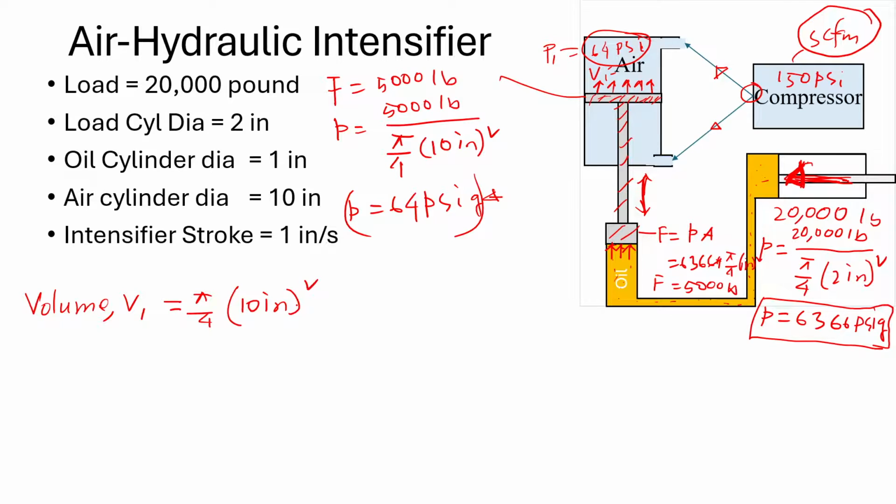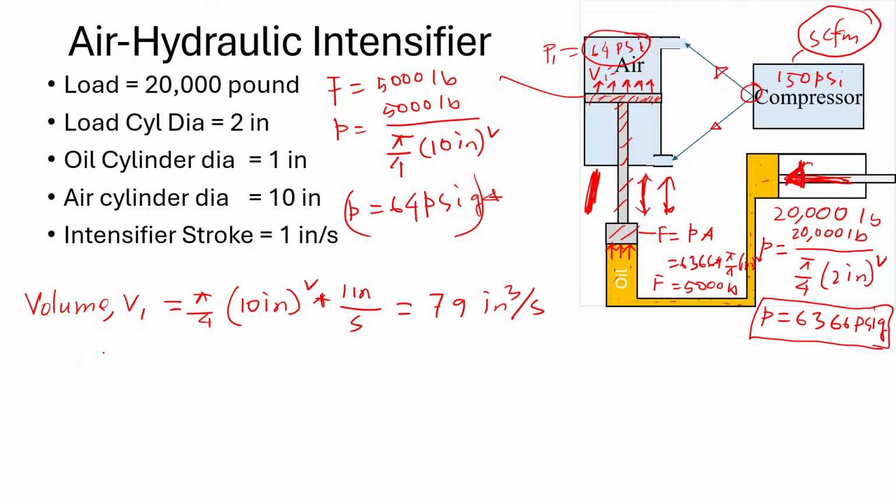That's the area of the air piston times the movement. Every second it moves 1 inch of stroke, so it goes up and down. It moves this way 1 inch. Divided by second, I calculate this as 79 cubic inches per second at that condition, at 64 psi gauge pressure.